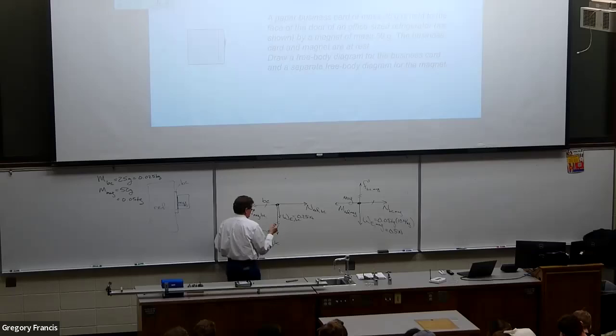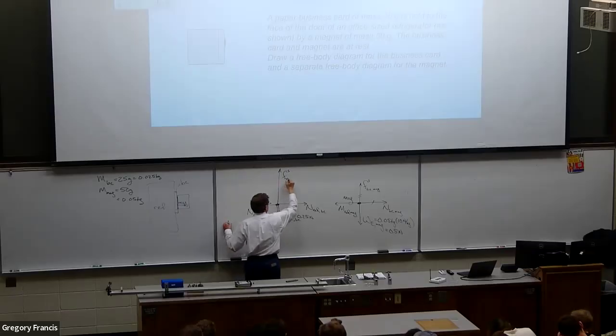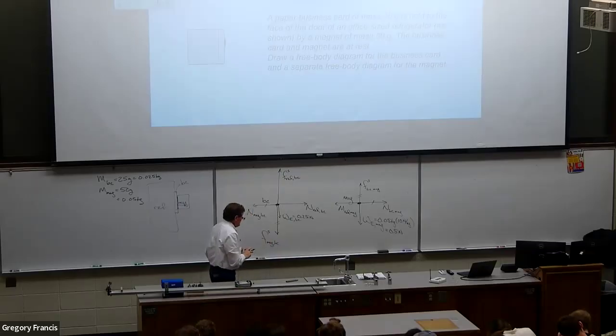And I also need a static friction force by the refrigerator on the business card. Now, anytime I draw a free body diagram, I get to use Newton's second law twice, once in the y direction and once in the x direction.